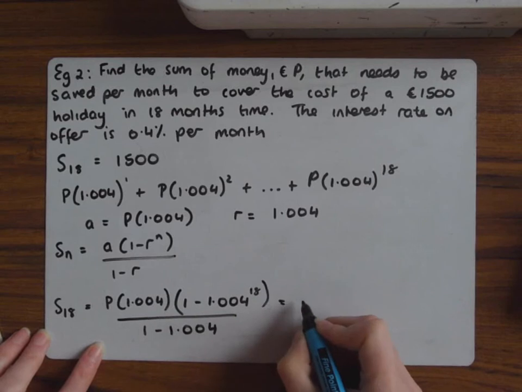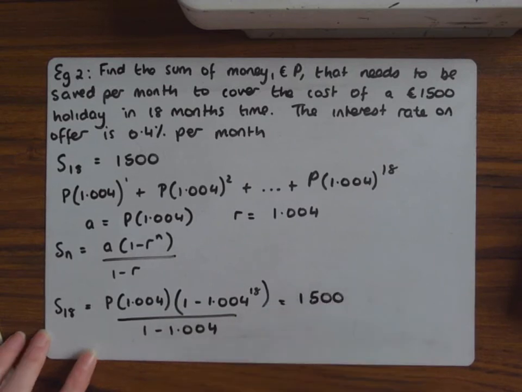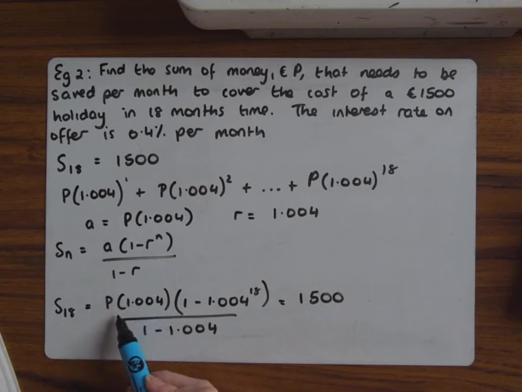And I know that's equal to 1,500. Now I'm going to get my calculator out and put all of this into the calculator, because all of that is just being multiplied by P. So whatever number I get with this, I'm going to put it next to P and then I'll get P on its own.